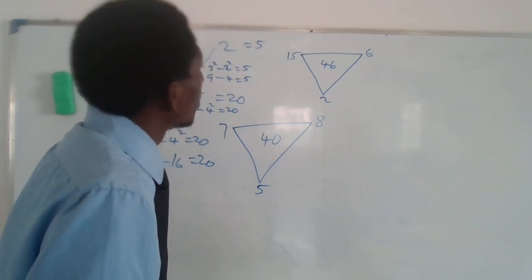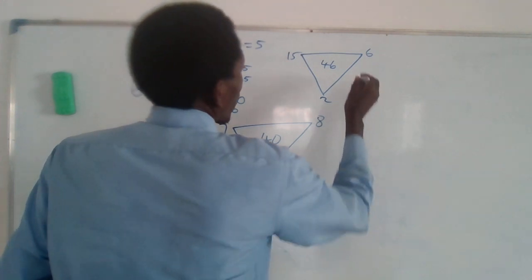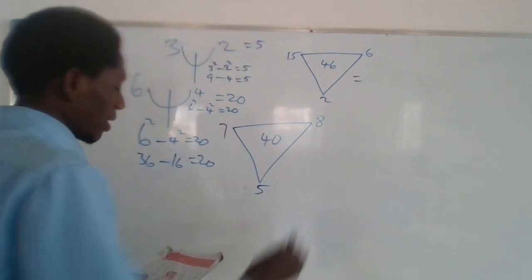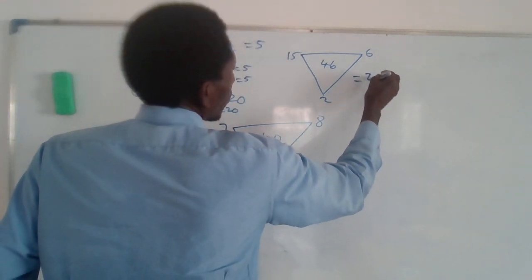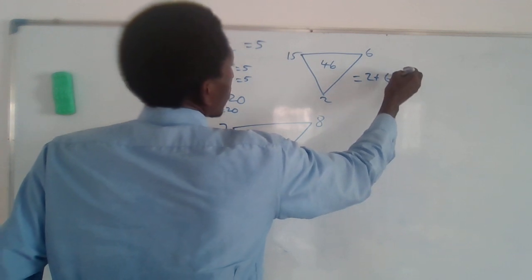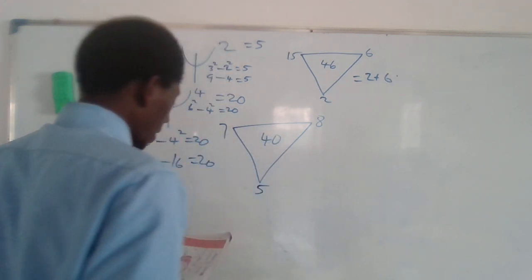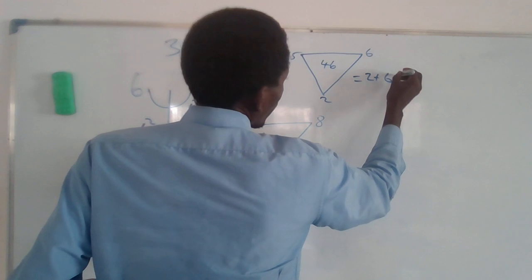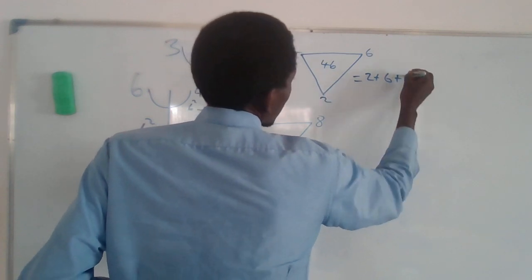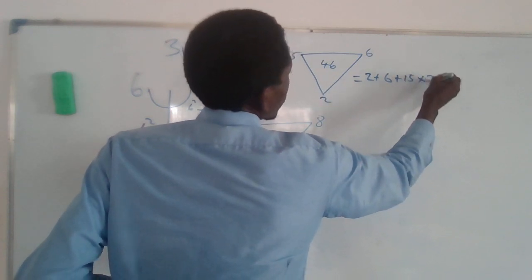For example, in this first one, I say 2 plus 6 plus this 15, then times 2.